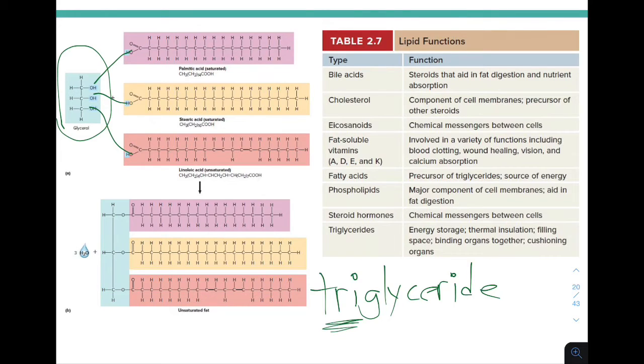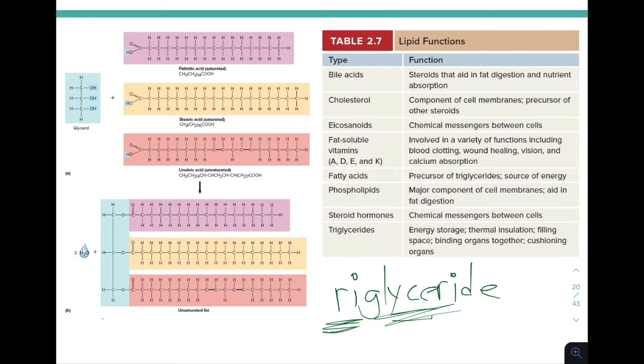Tri, talking about the 1, 2, 3 fatty acids, and glyceride, talking about the glycerol that forms the head that connects it all. So triglyceride has another tricky name. It seems very obvious that there should be 3 glycerols, but there are not. There is 1 glycerol, but 3 fatty acids.